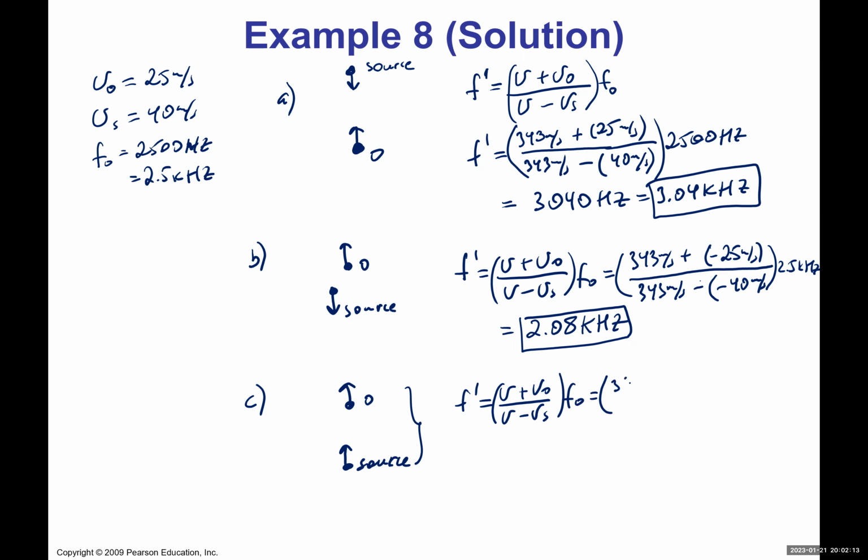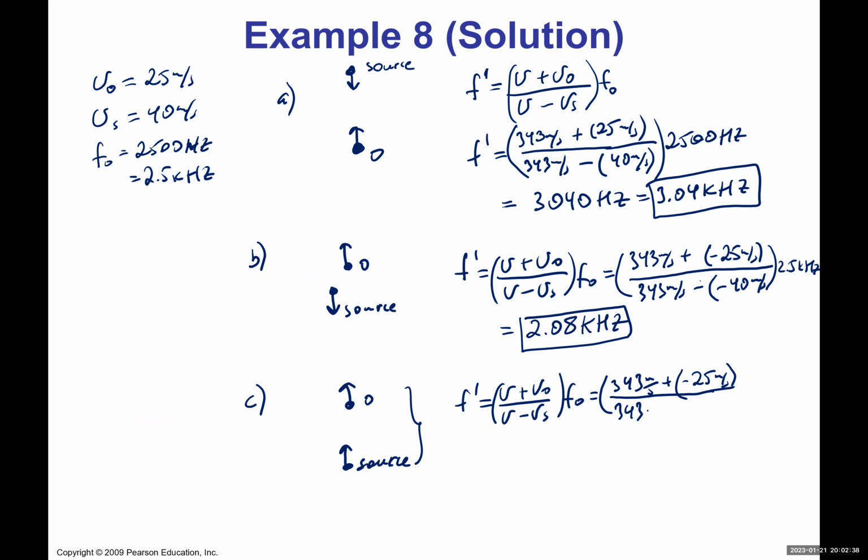So what I have here is 343 meters per second plus, now I want to write down the velocity of the observer. Well, the observer is moving away from the source. So again, moving away from the source means negative 25 meters per second.